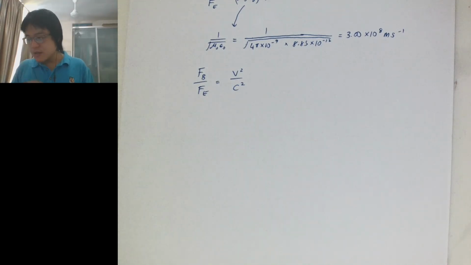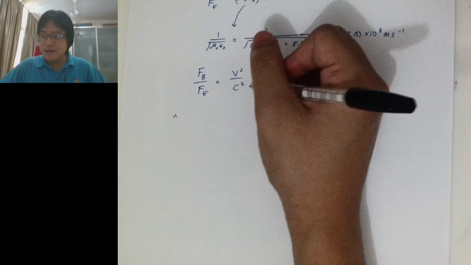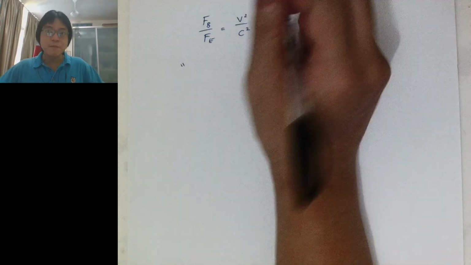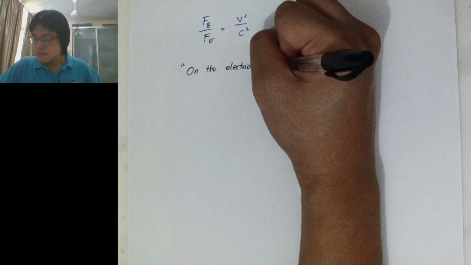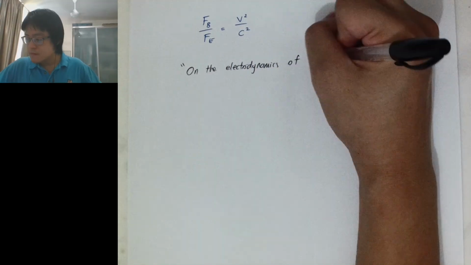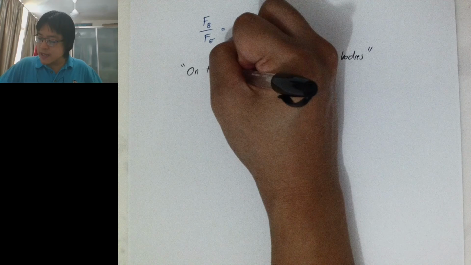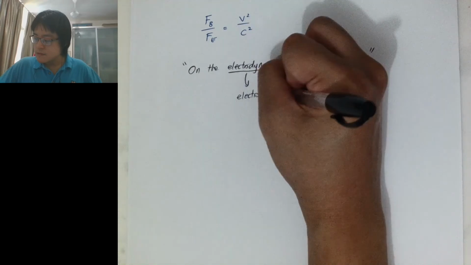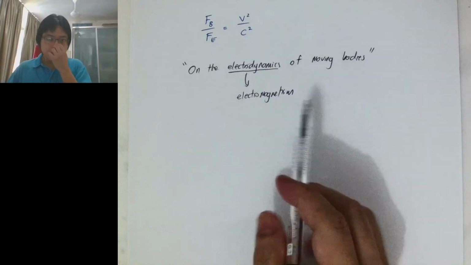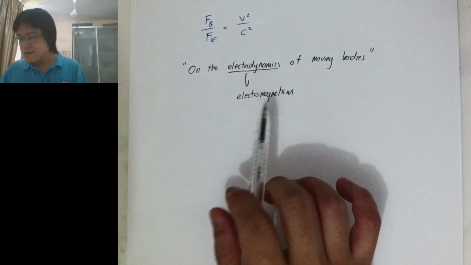His original paper, where he derived E equals mc squared, was titled "On the Electrodynamics of Moving Bodies." Electrodynamics is another word for electromagnetism. Sometimes we call it electrodynamics, a more general term because it includes dynamics, right?